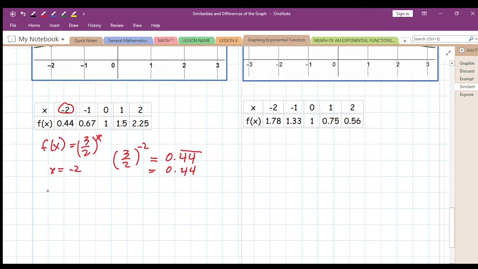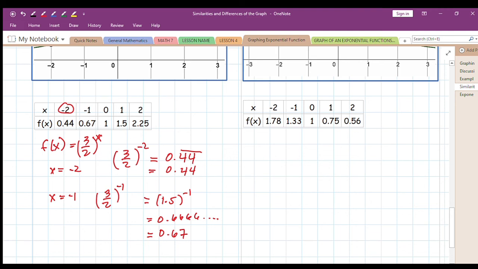If x is equal to negative 1, simply substitute that negative 1 to this x here. So we have 3 over 2, or 1.5, raised to negative 1, that is equal to 0.6666 repeating decimal, or we have 0.67. So we have here 0.67.